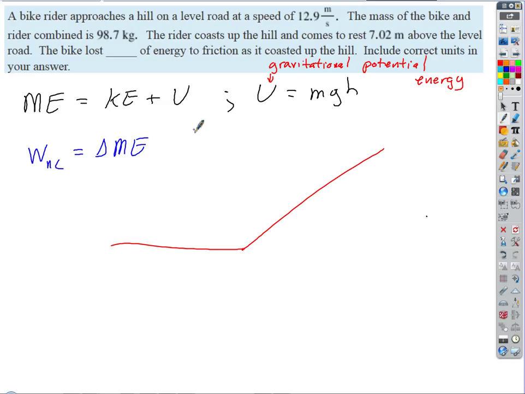Take the example of the bike moving up the hill, right? If there are perfectly frictionless bearings in the bike, let's say.